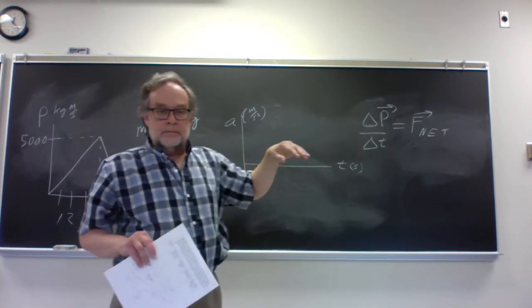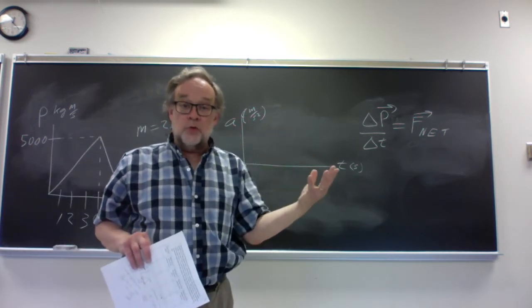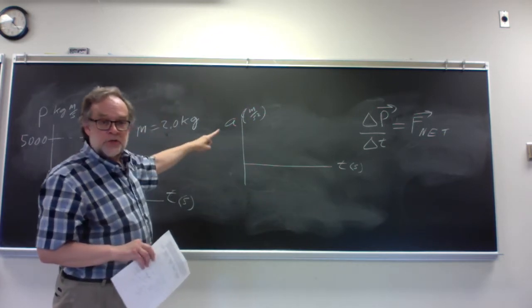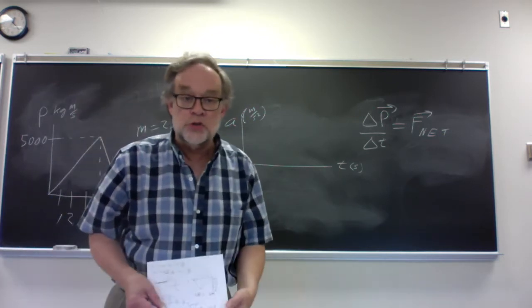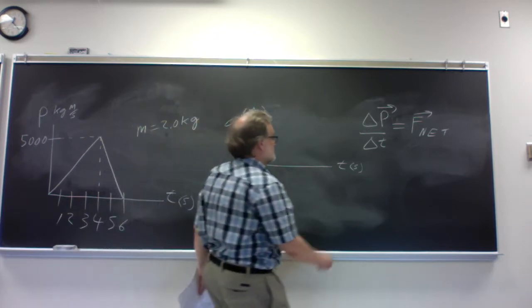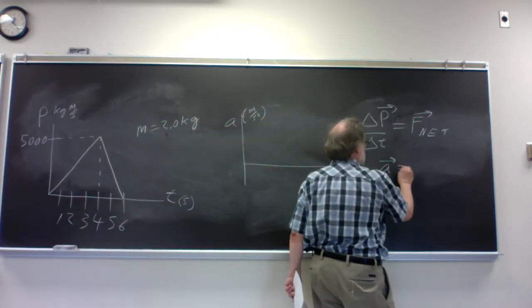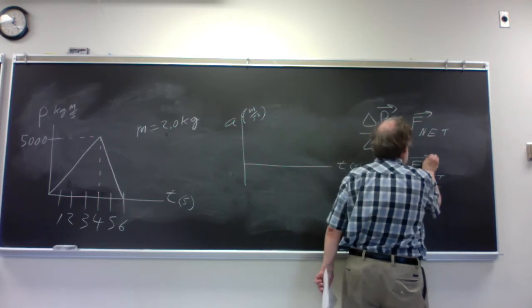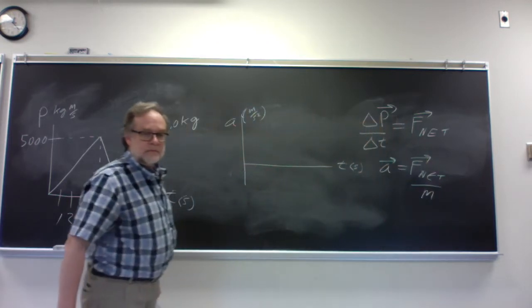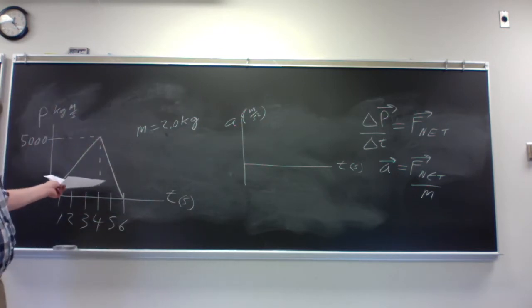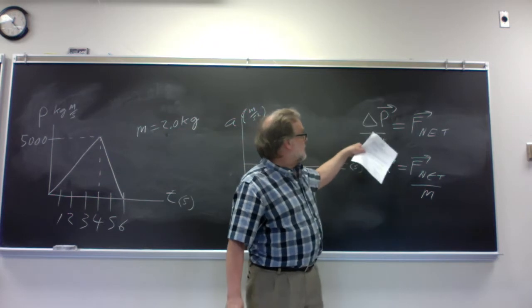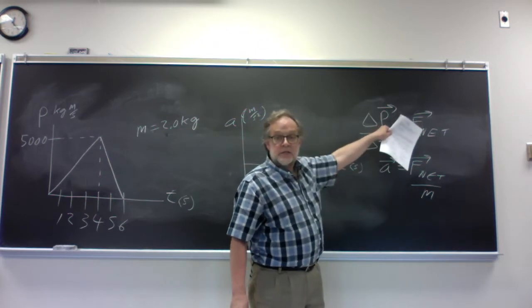So if we know the net force, we can use that plus our knowledge of the mass to figure out the acceleration, just using Newton's second law. Acceleration is net force divided by mass. And we can figure out net force from this diagram here because the rate of change of momentum is the net force.